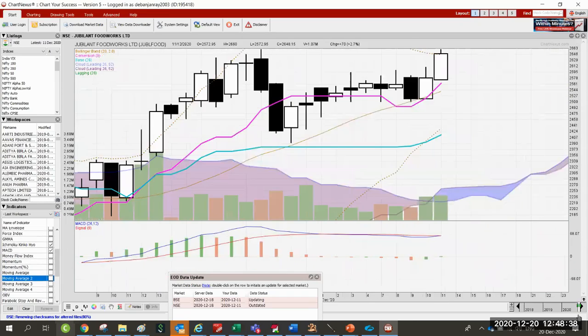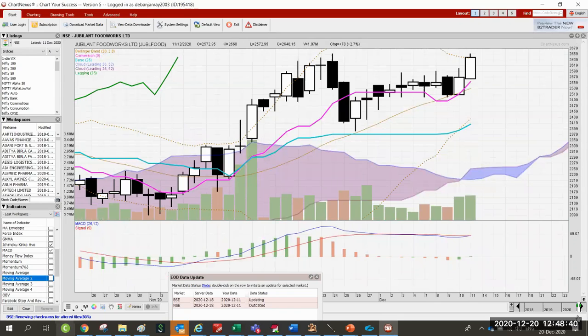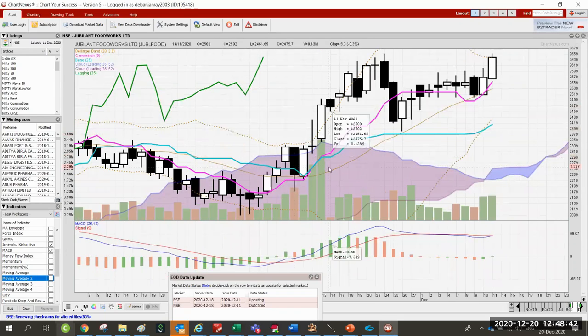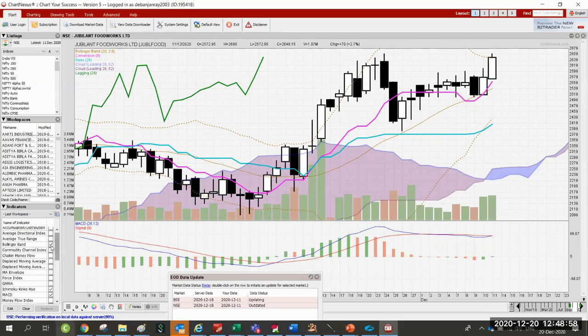There are tools that can do that. But what you can see here is that there is a red pink line and then there is a blue line. Forget about other things. If you look at only these two, I had put the Bollinger Band on. Let me turn the Bollinger Band off.